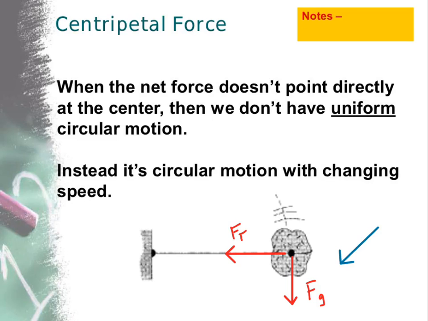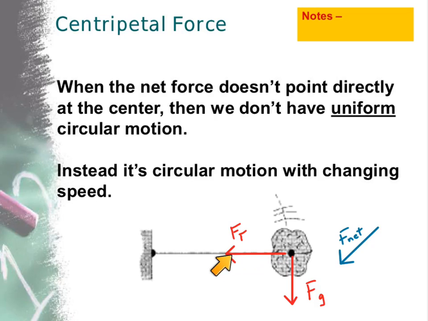Now, the exact direction it is going to point in really depends on how fast this rock is going around this circle. But for the sake of this particular diagram, the point I want to make is that there's a component of this net force that points in toward the center, but there's also a component of this net force that is tangential to the circle.